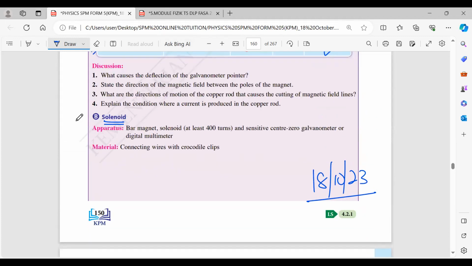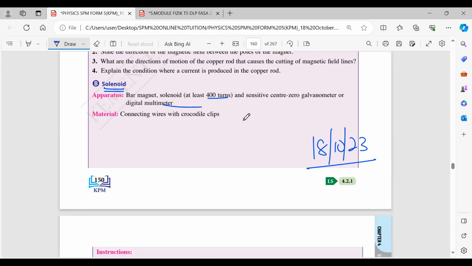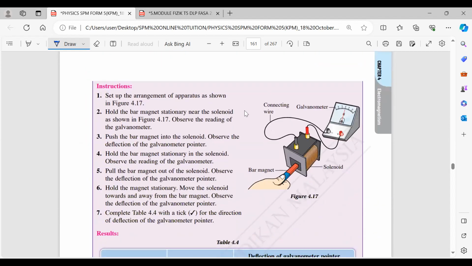Apparatus: bar magnet, solenoid of at least 400 turns, and a sensitive center-zero galvanometer or digital multimeter. Material: connecting wires with crocodile clips. Set up the apparatus as shown in the figure.